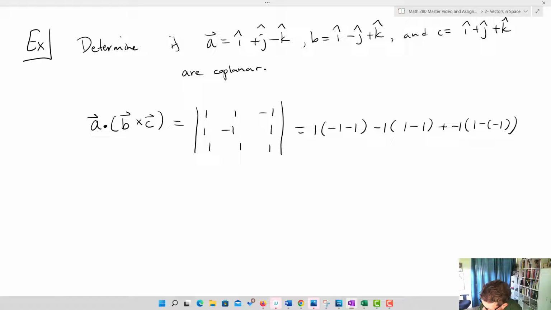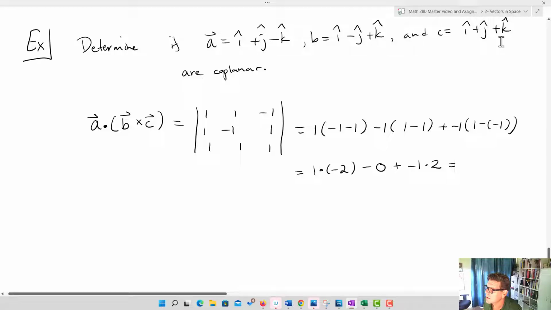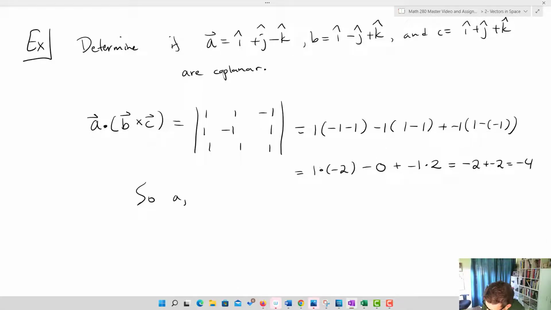So if I actually write this out, this is going to equal 1 times negative 2 minus 0 plus negative 1 times 2, which equals negative 2 plus negative 2, which equals negative 4. So A, B, and C are not coplanar.